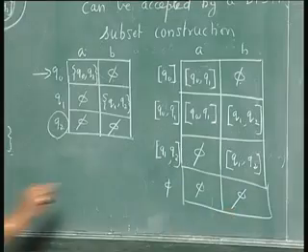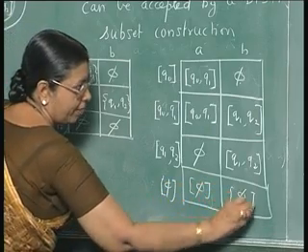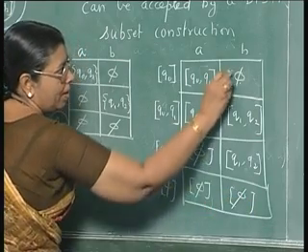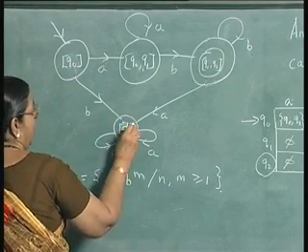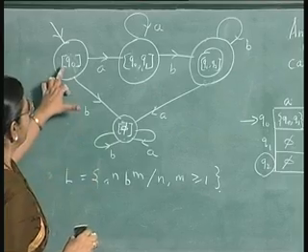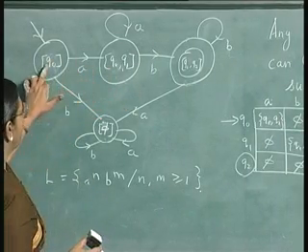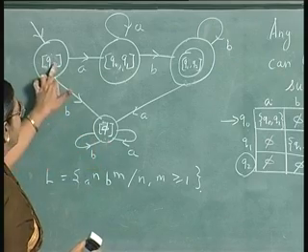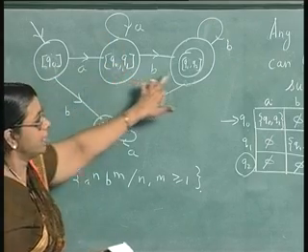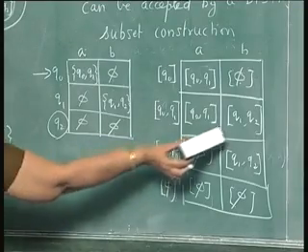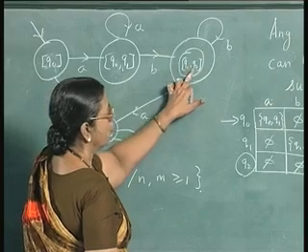Even phi I can put within square brackets if necessary. It is only a sort of symbol, it does not matter. So, look at the transition. Q naught on a is Q naught Q1, Q naught on b is phi, Q naught Q1 on a is Q naught Q1, Q naught Q1 on b is Q1 Q2 from this table, Q1 Q2 on a is phi, Q1 Q2 on b is this, and so on.